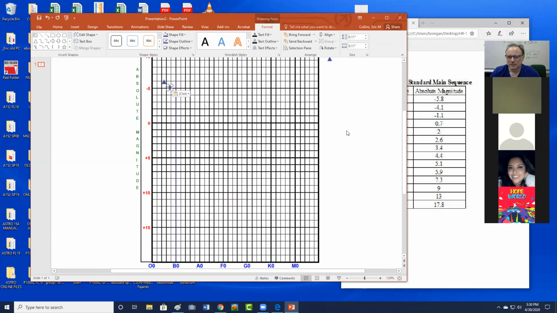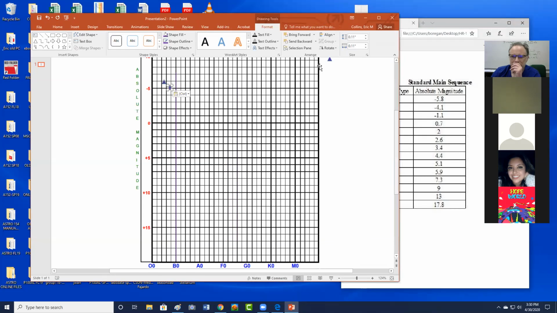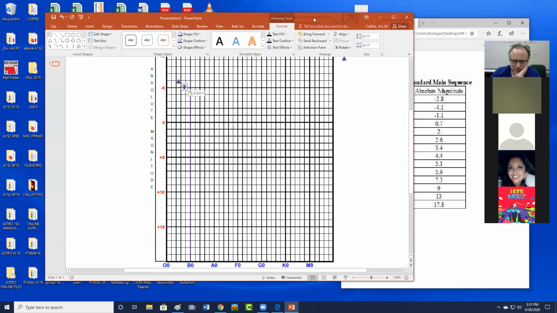My computer is a little slow again. Okay, so there's my B0, and -4.1 would be, well, here's -5, so not right there. I can't be very precise with these triangles as you can with your dots, so you can be a little bit better with your dots.